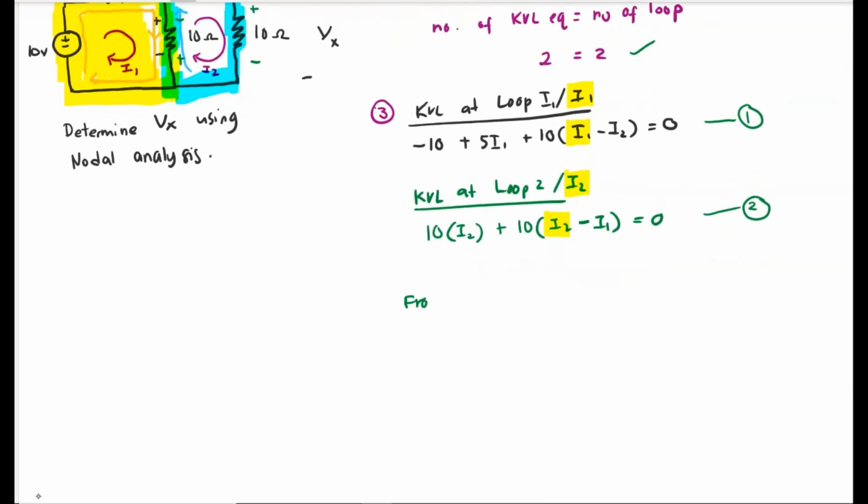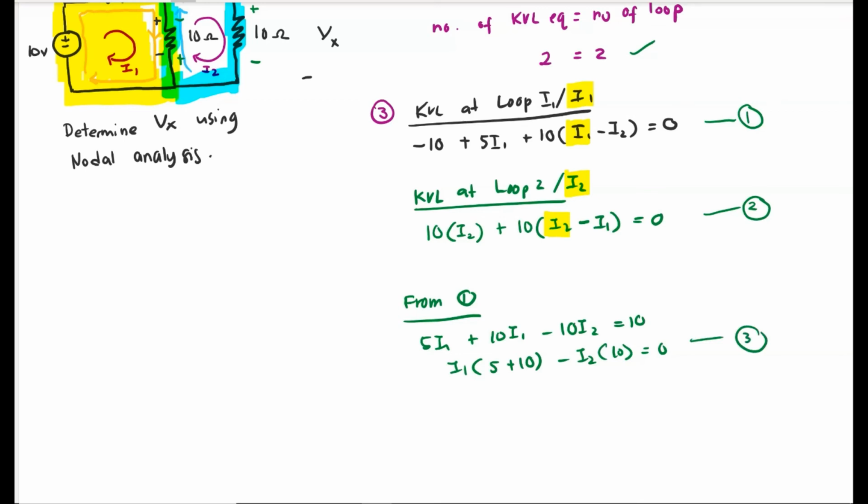So from equation 1, 5I1 plus 10I1 minus 10I2 equal to 10. Group the I1 and I2. So I1 is equal to 5 plus 10, minus I2, 10 equal to 10. So it will become equation number 3.